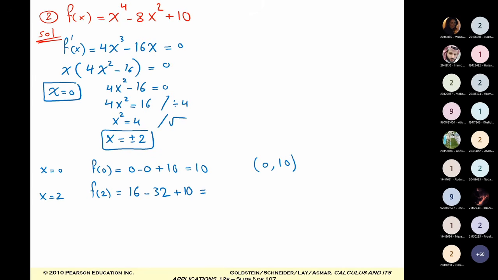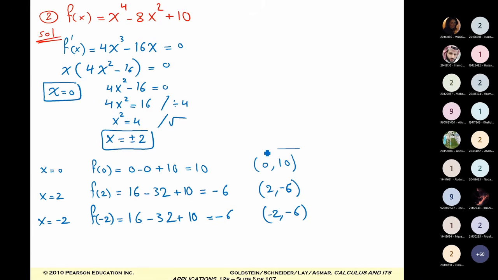So we have negative 16 plus 10, negative 6. So the second point is 2 and negative 6. At x equal negative 2, f of negative 2 equals also 16 minus 32 plus 10. We have negative 6 also. So this is the stationary point, and this is the stationary value.